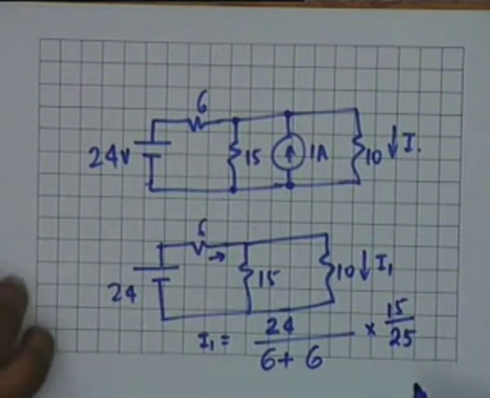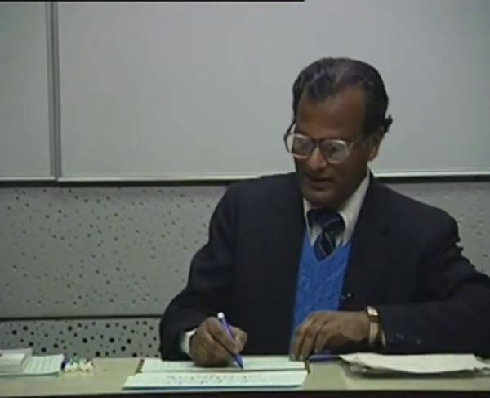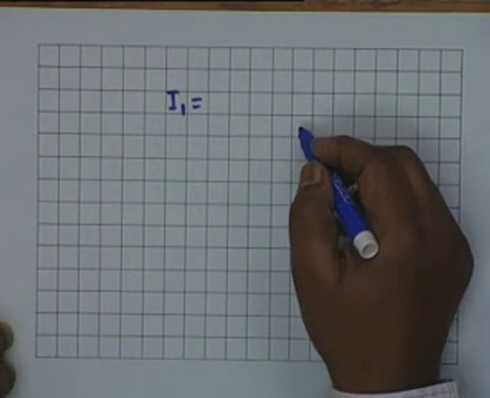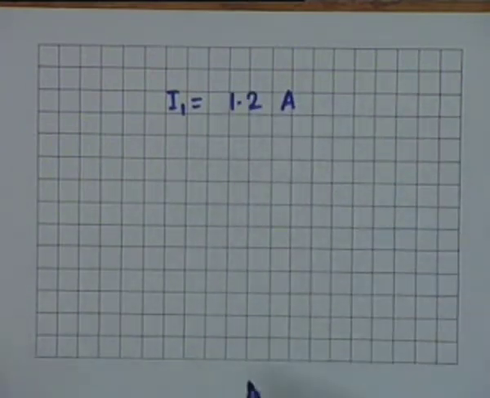Obviously I1 is equal to 1.2 amperes. Pretty smart.